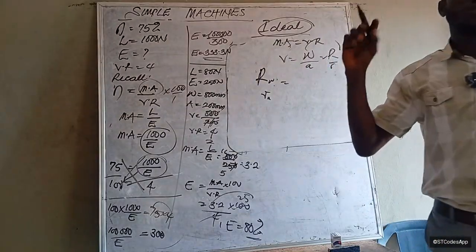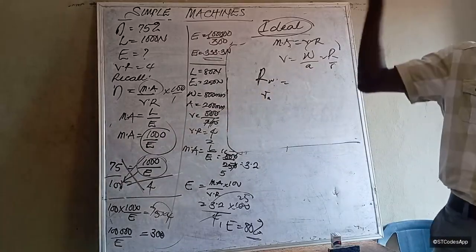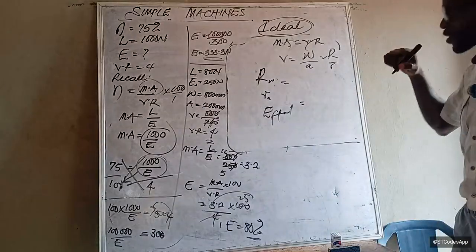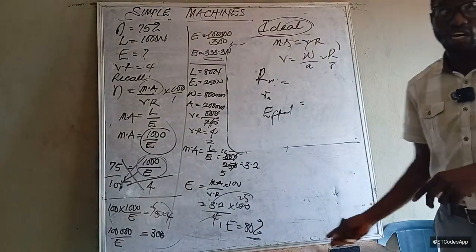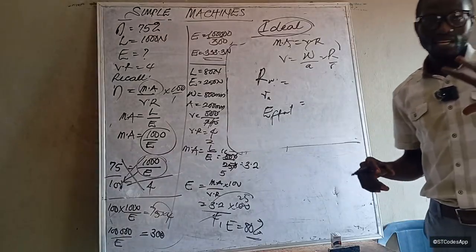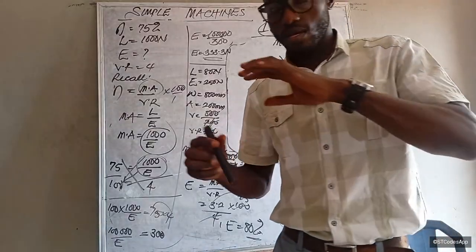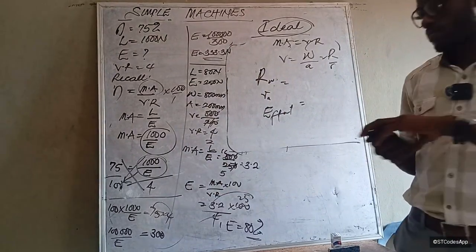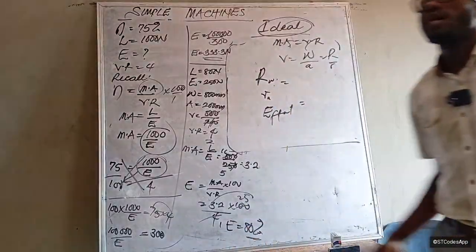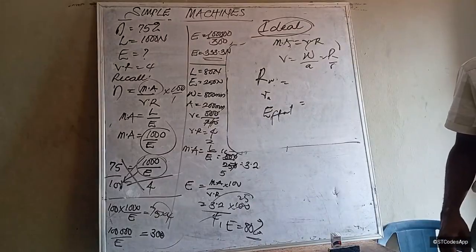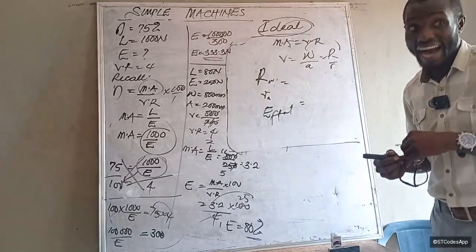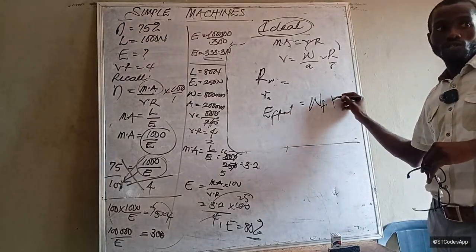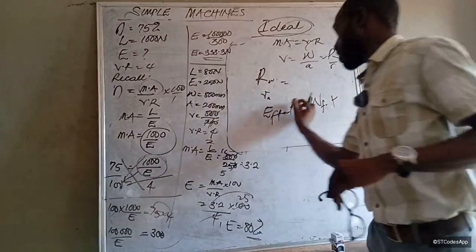In fact, that's the reason why your velocity ratio is the way it is. Now listen, for some questions where they'll say calculate effort, there's a way they ask that question where you simply add the work done to overcome friction plus the work output.